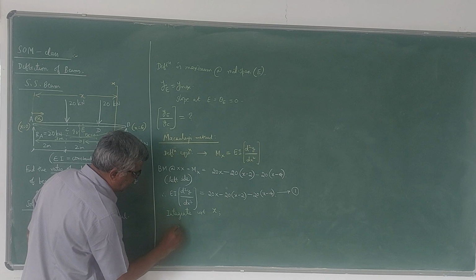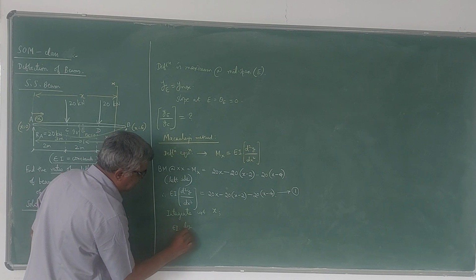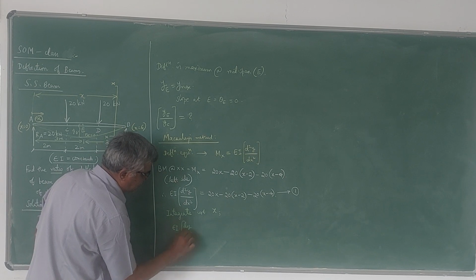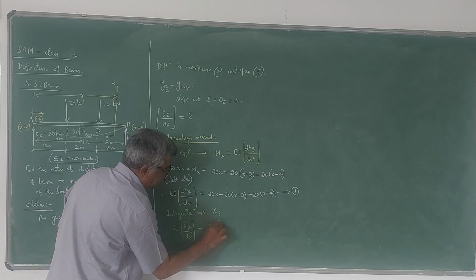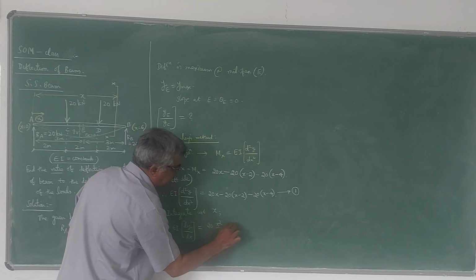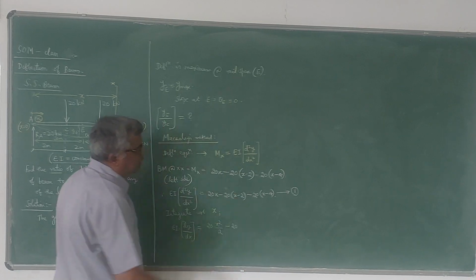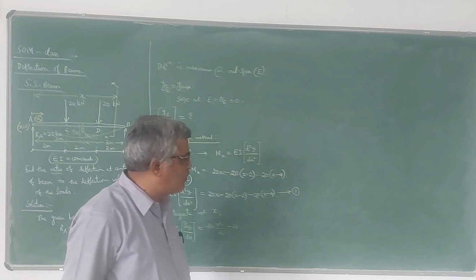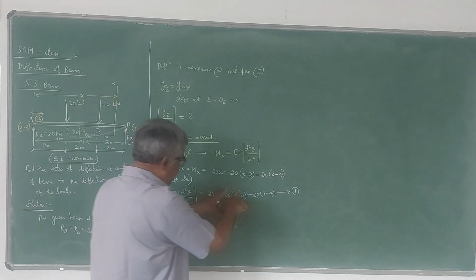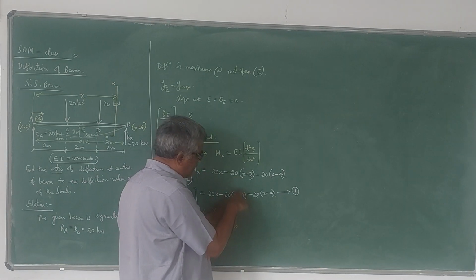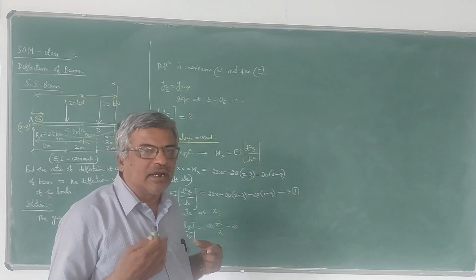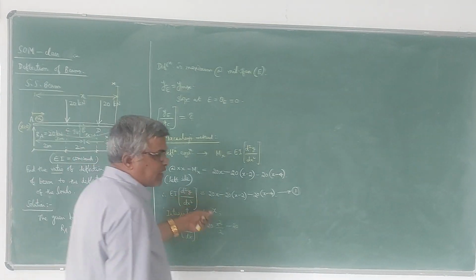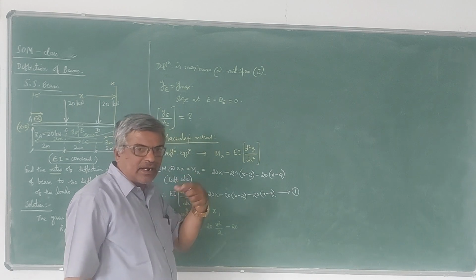So this becomes EI into dy by dx. Integration of d square y by dx square is dy by dx, equal to 20 into x square by 2, plus minus 20 into, now here in Michaelis method, whatever is there in the bracket, the distance factor is taken as a whole and integrated as a whole. That means x minus 2 is taken as x and it is integrated as x square by 2.